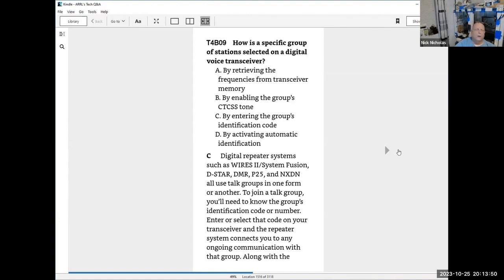So if you're going to talk to a talk group, the reason for a talk group is that when you're talking to a talk group, anyone that doesn't have the talk group ID number set will not be disturbed. Their radio won't squelch and it won't bother them. That's the primary use. And the answer is C. You've got to enter the group's ID code.